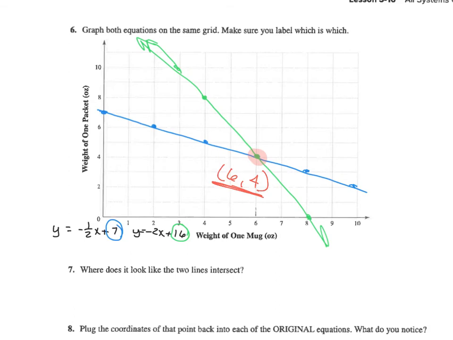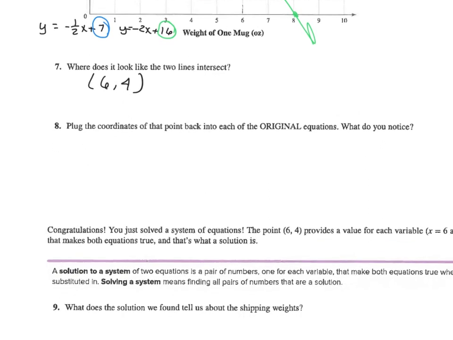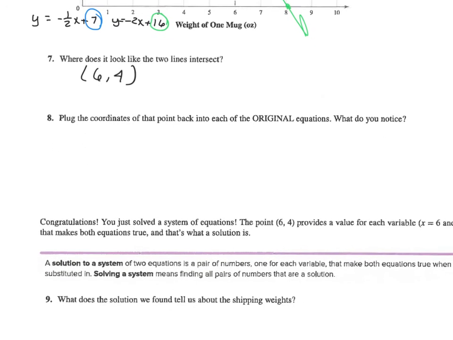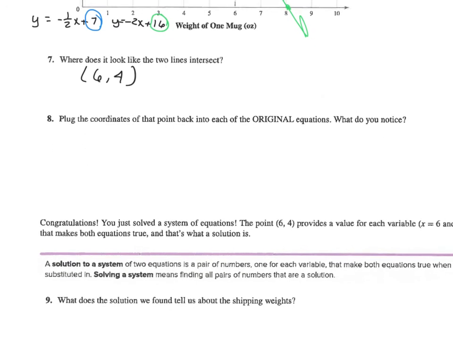So let's go ahead and answer that, (6, 4). And then it says plug the coordinates of the point back into the original equations. What do you notice? So let's go ahead and write our original equations.